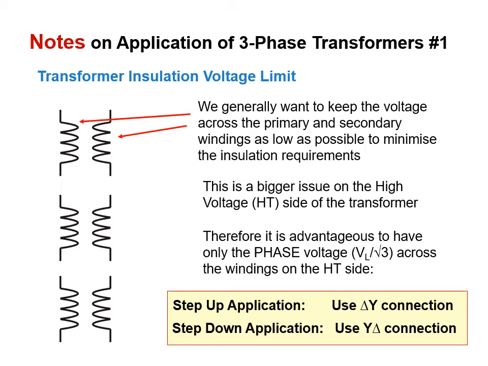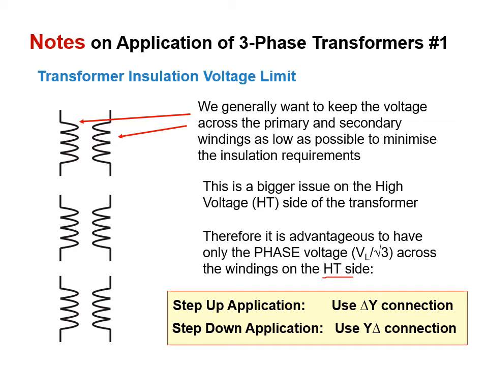So what we want is to have only the phase voltage, where the phase voltage is the line voltage divided by square root of 3 across the windings on the high tension side. So if we step up, we want a Y configuration on the high tension side.